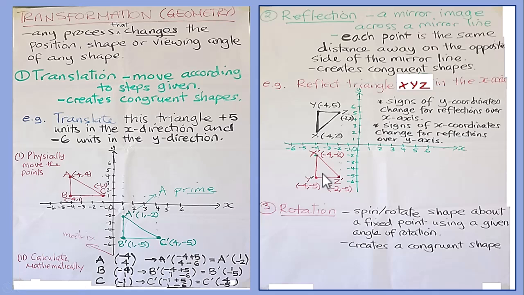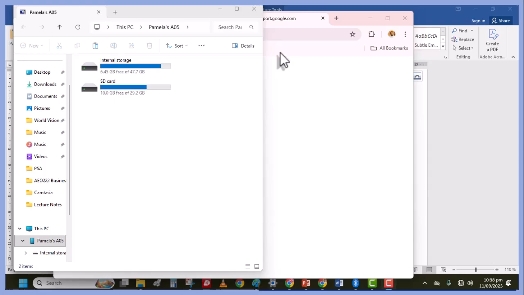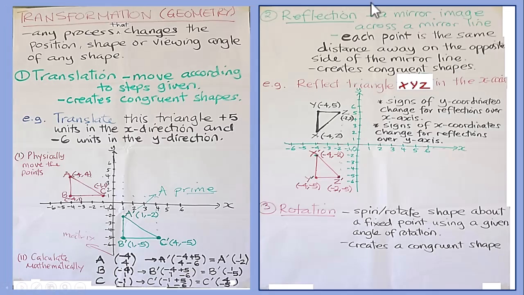Just like when you look into the mirror, your image looks back at you. So you and your image are facing opposite directions, or reversed orientation. That is the same with shapes.